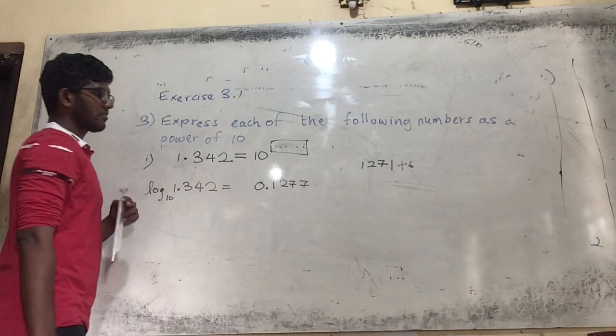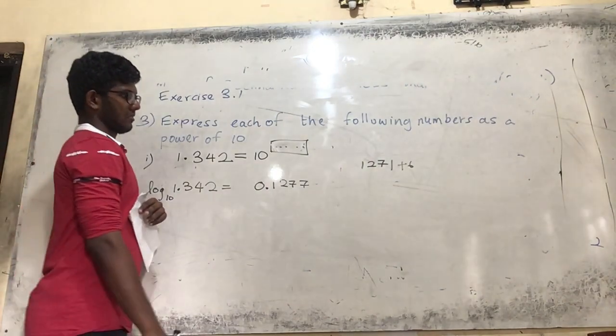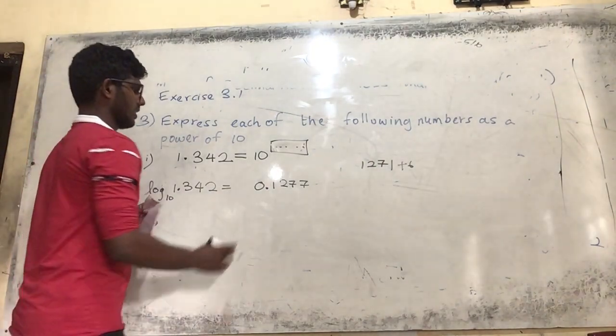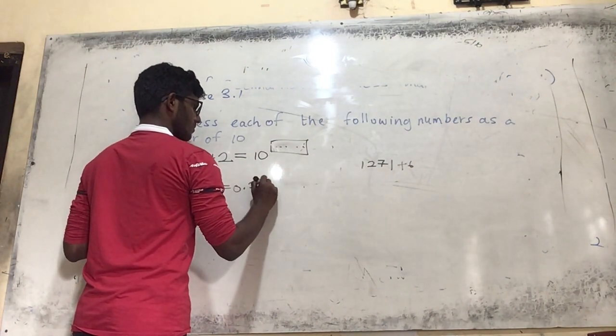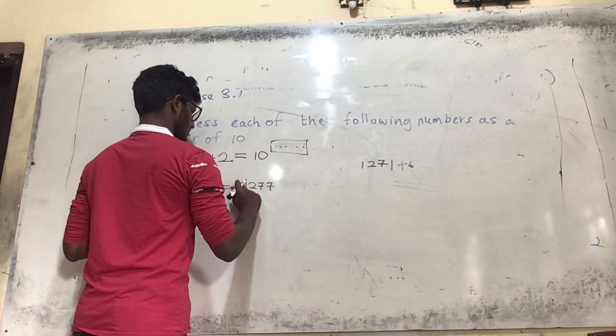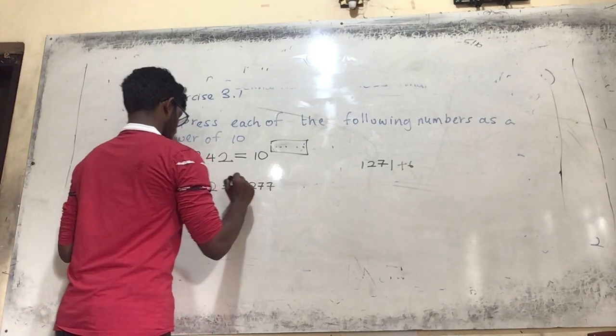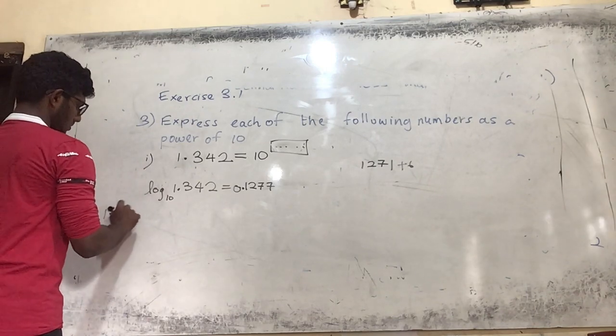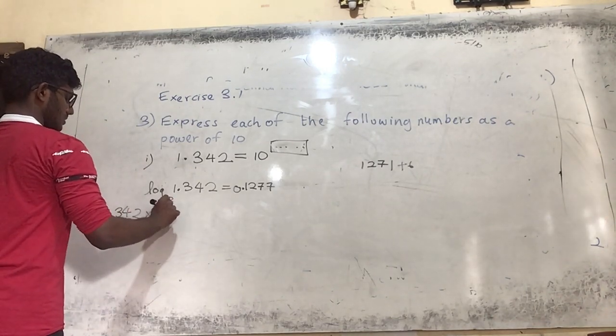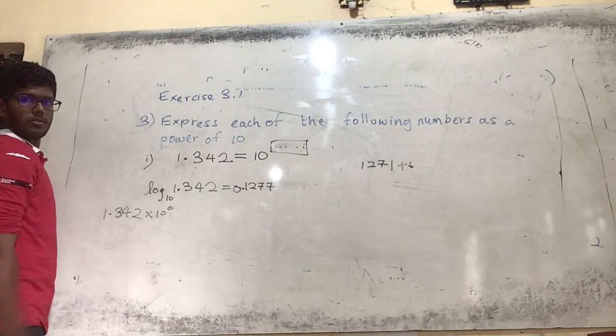Now this part I have taught. You have to go and check the theory on how to get this 0. I just took the log value. Why is it 0 point? Because when you write this in scientific notation, the characteristic is 0.